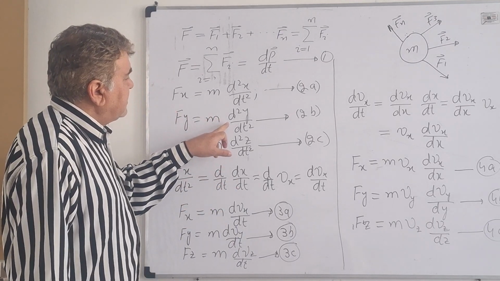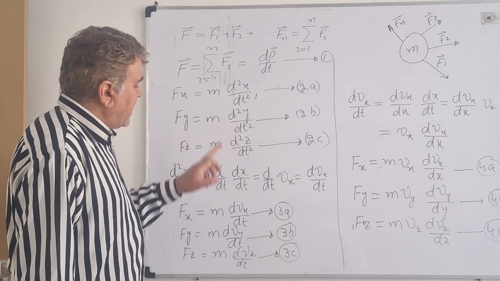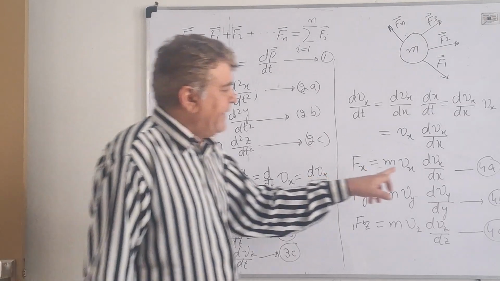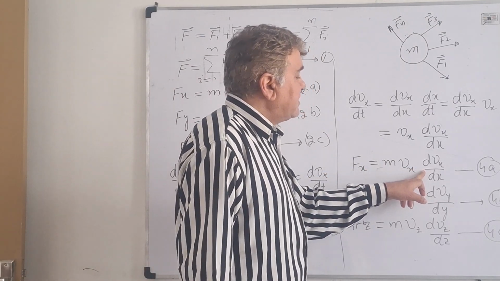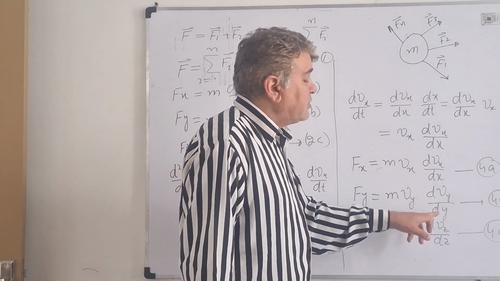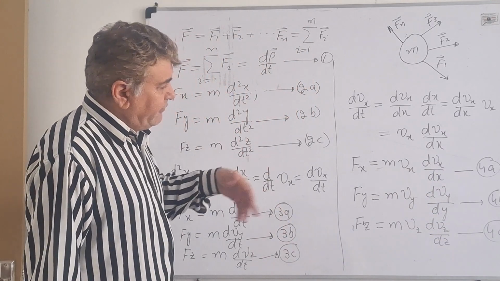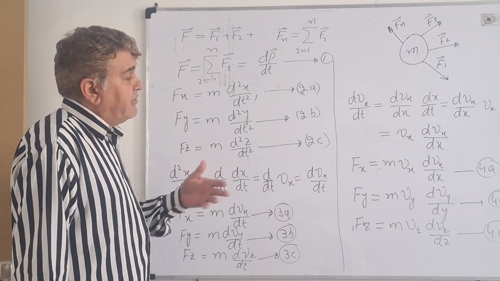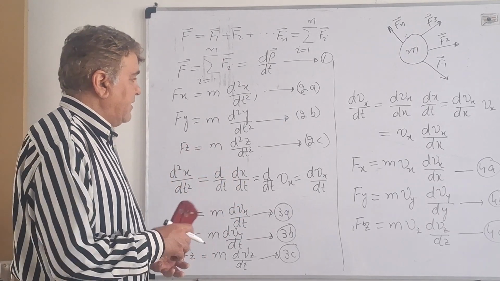Here it is the second derivative of position with respect to time, here the first derivative of velocity with respect to time, but here we see the first derivative of velocity with respect to position. So they are called the different differential forms of Newton's second law.